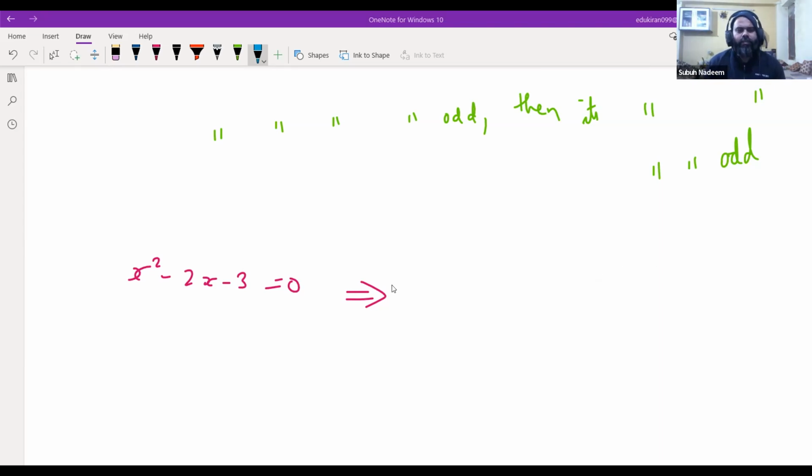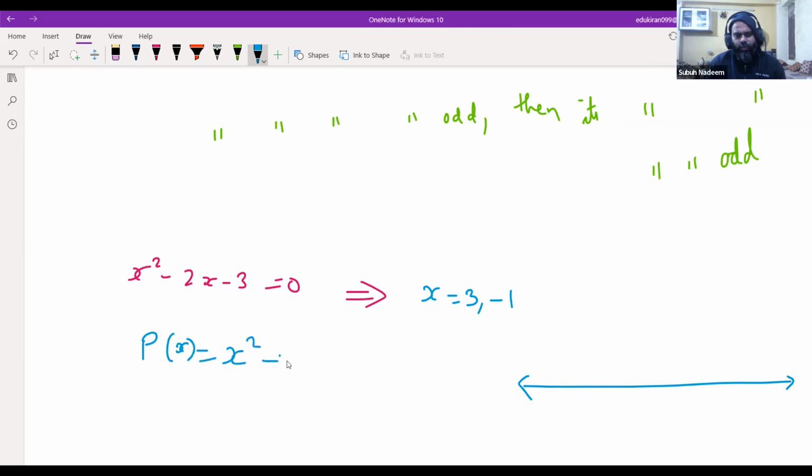Have you done middle term splitting? Yes, sir. I got x equal to 3 and minus 1. Perfect. So can you draw the graph for this polynomial, x square minus 2x minus 3, now? Yes, sir.